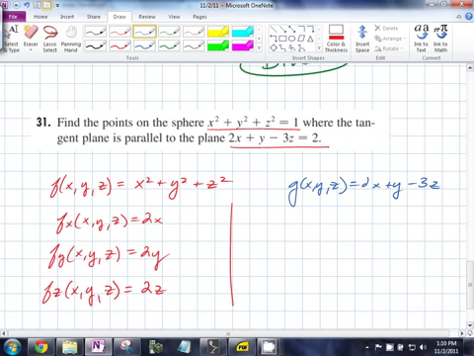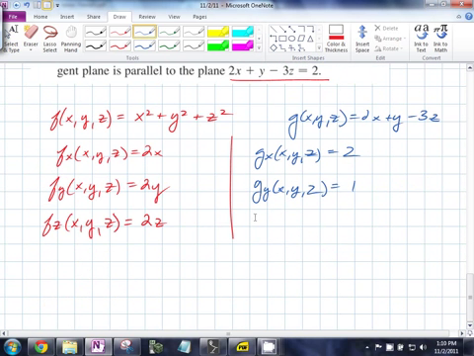What's g sub x going to be? 2. What's g sub y of x, y, z going to be? 1. And what's g sub z of x, y, z going to be? -3. Correct.